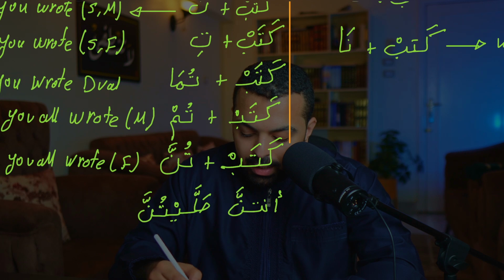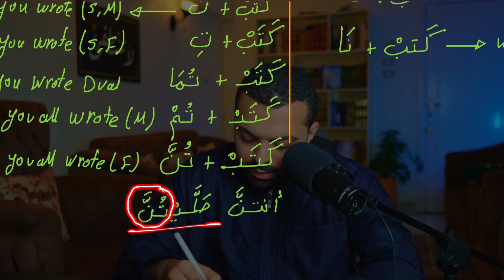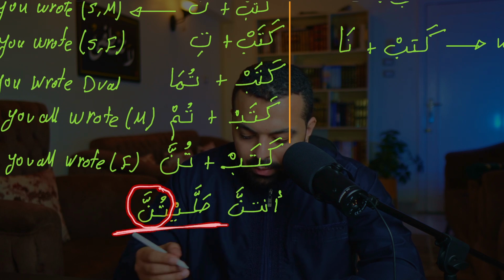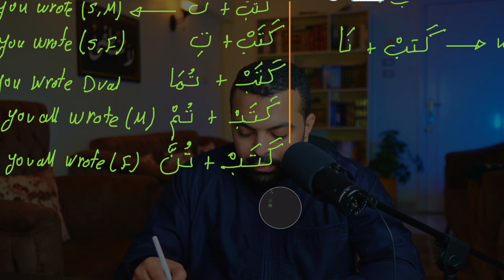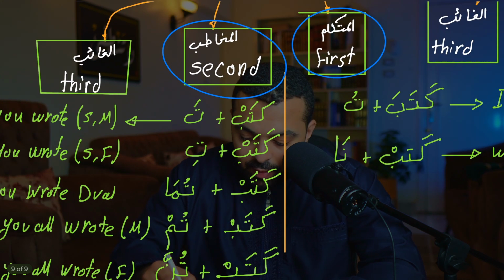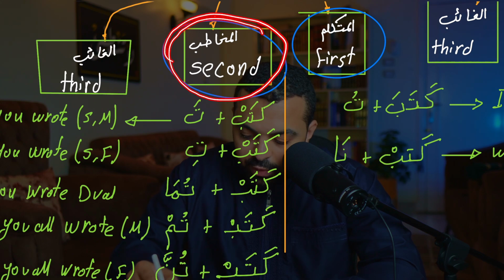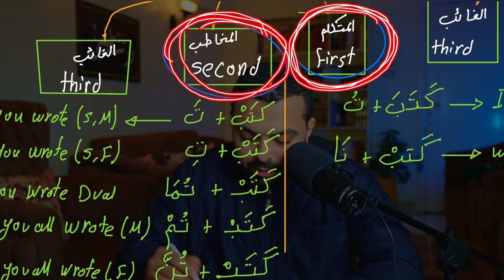This is the second category, which is المخاطب. So we finished the first person, ضمير المتكلم, and the second person, ضمير المخاطب.